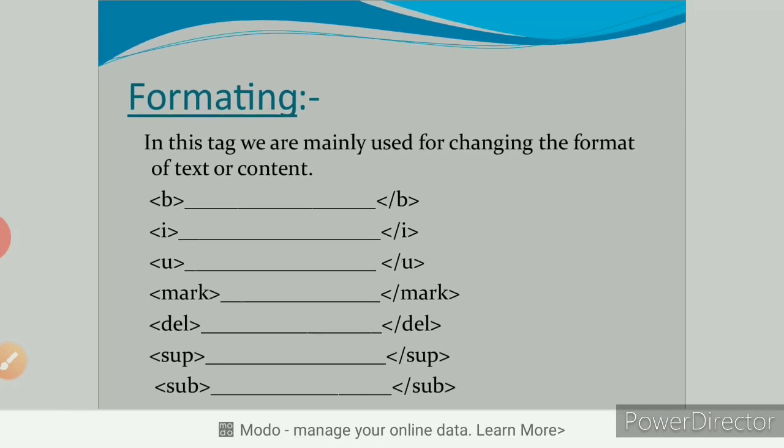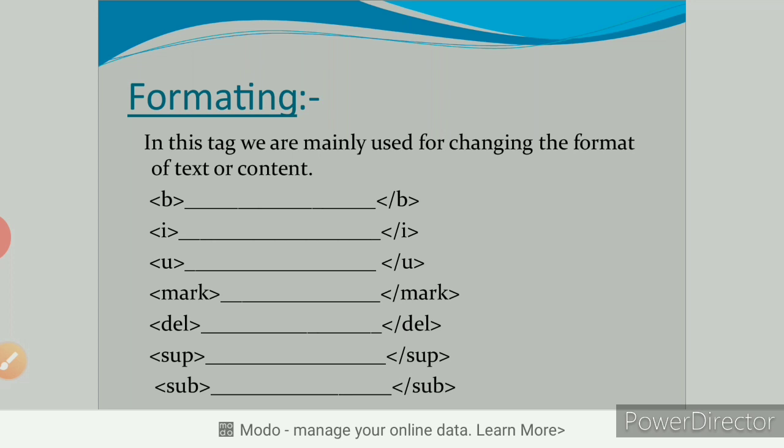The next is formatting. Formatting tags are an example of paired tags. These tags are mainly used for changing the format of the text or content.